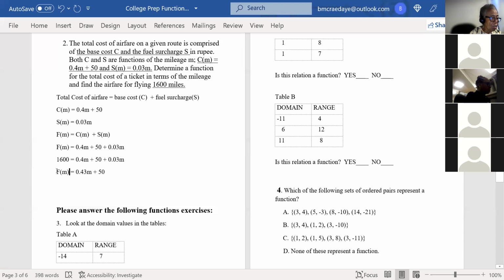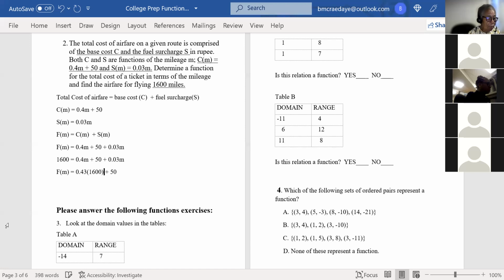Maybe I should use a T. Well, no, I use the F of M. This is really the total cost that we're looking for, the Y. So the miles is what? That's the 1,600. So we substitute in for the M, the 1,600.